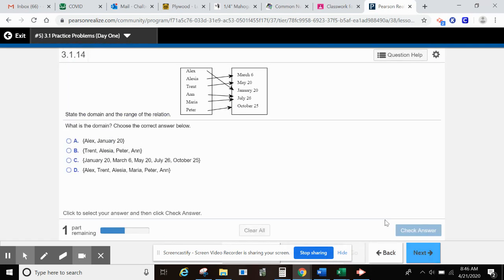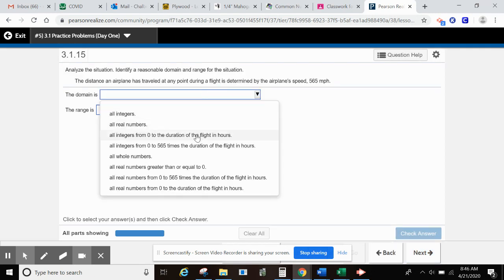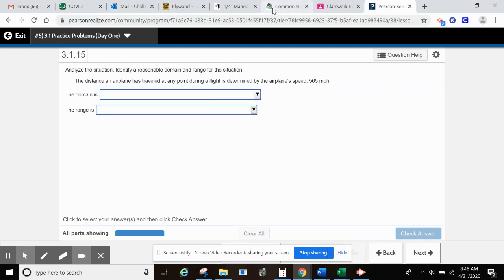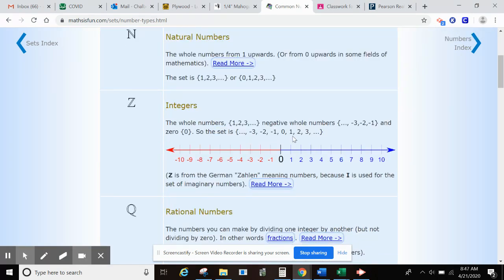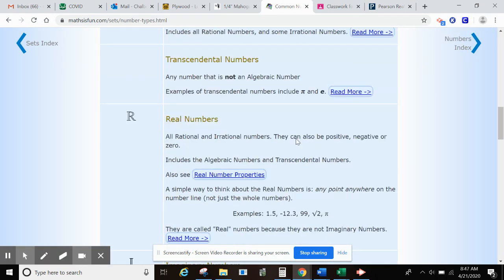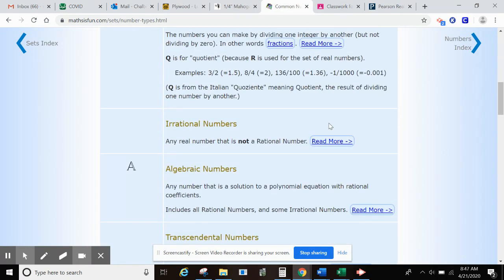I do want to point out one thing here. As you get into question 3, it talks about integers, whole numbers, real numbers. I will put a link to this page here. Integers, real numbers, and I don't know if whole numbers is on here.